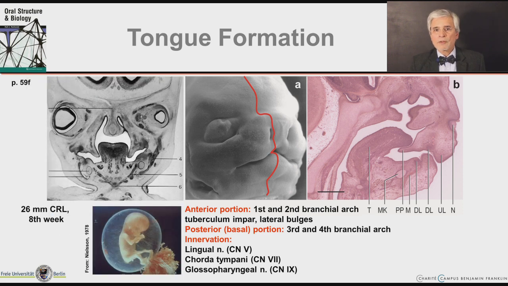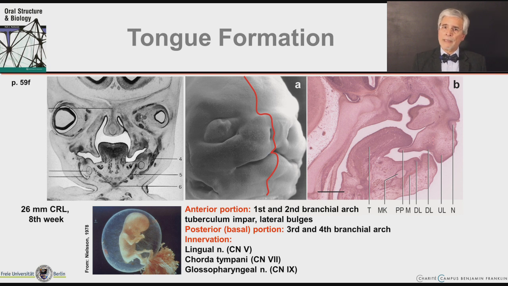At the beginning, the tongue surface is still very smooth. In embryos of 5 mm crown-rump length, which is the 4th to 5th week, individual cell elevations are recognizable as primordia of the filiform papillae, and larger papillae are visible in embryos of 80 mm crown-rump length. This is the 11th week. The tongue primordium grows very fast.